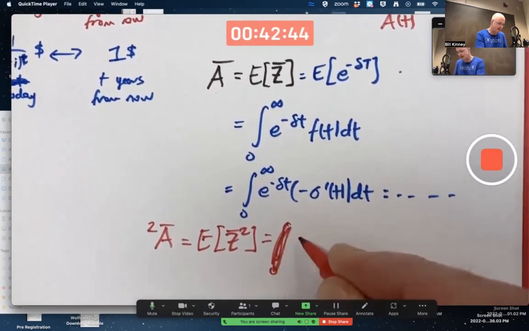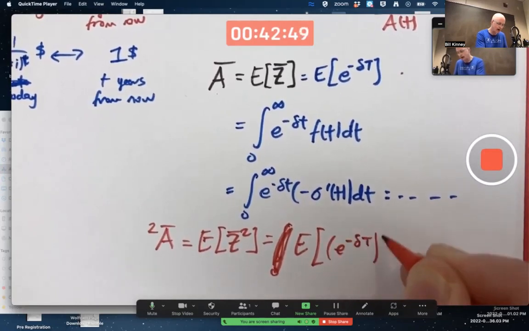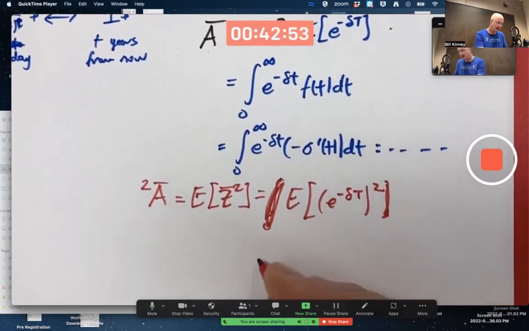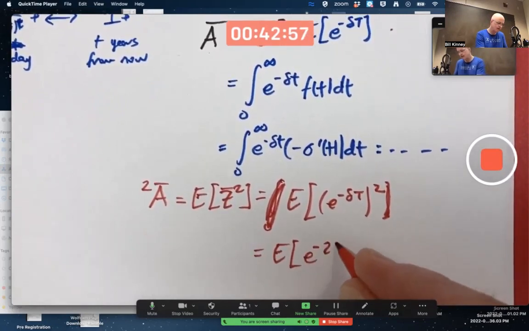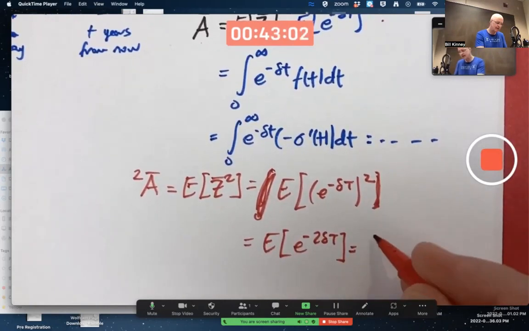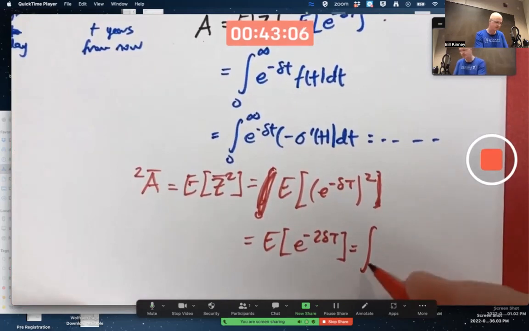So that's the expected value of e to the negative delta t, squared. Hey, but by a property of exponents, that's the same as the expected value of e to the negative 2 delta times t. And so we effectively do the same integral, except we replace delta with 2 delta.